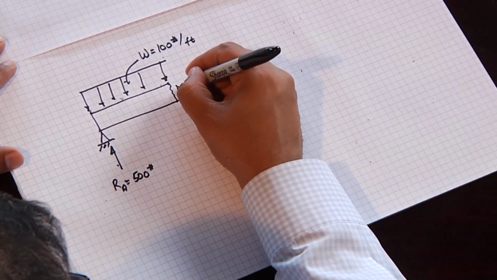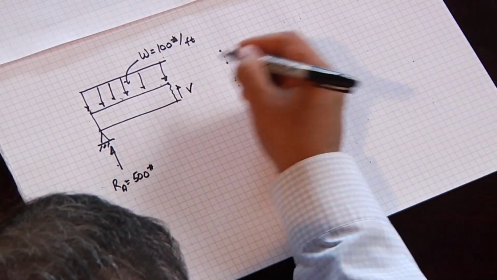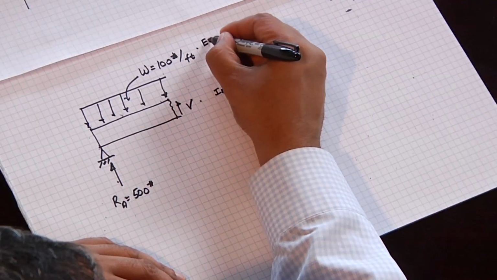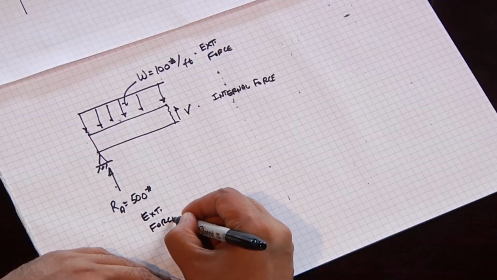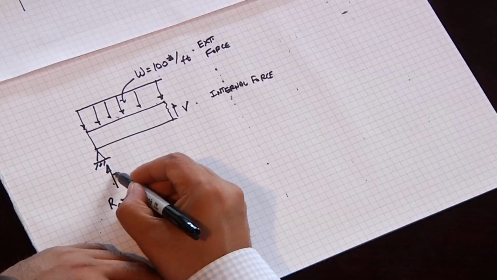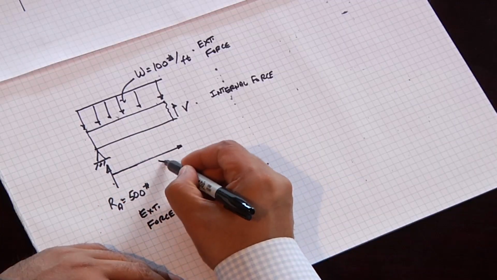And we have some reaction here, V, which is the shear in the beam. This is an internal force. This is an external force. This is an external force. And this is an internal force. And we will say that this is occurring at some distance x.